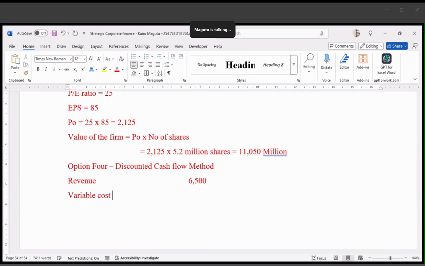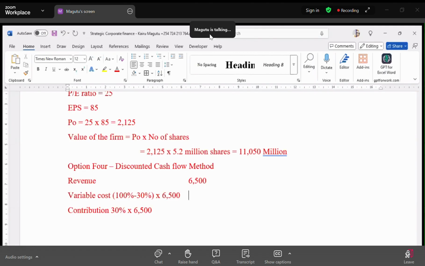If the contribution to sales is 30%, it means variable cost is 100% minus 30%. This one we multiply by 65. That will give us the variable cost, so that the difference is the contribution, which we can say is 30% multiplied by 65. So how much is variable cost and how much is the contribution, please?